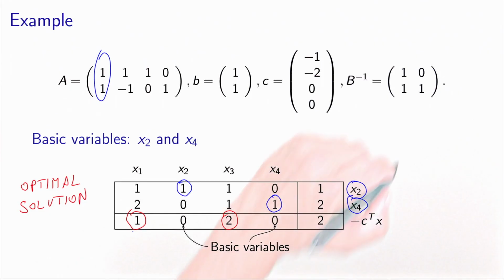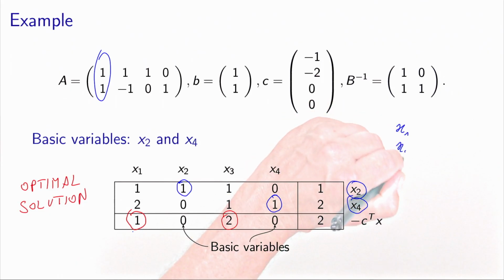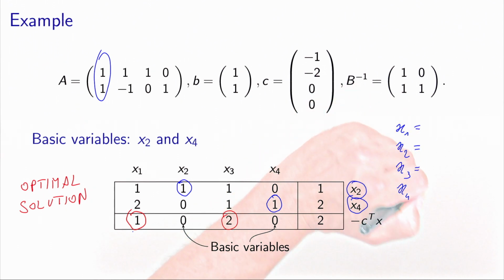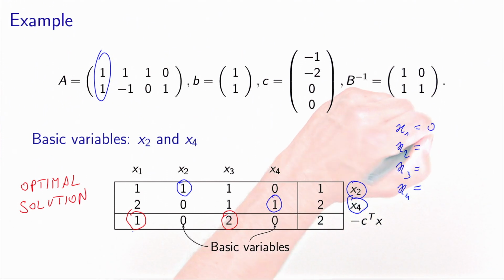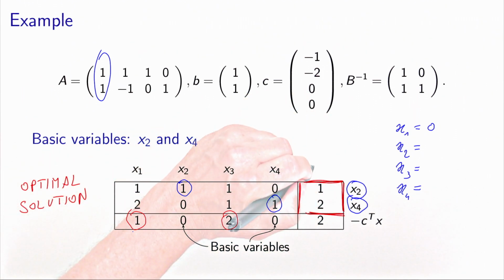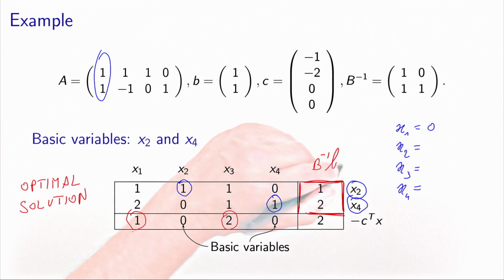Well, we need to calculate the values of x1, x2, x3, and x4. x1 is out of the basis, so its value is 0. x2 is in the basis. Where do I find its value? Well, we have this part of the tableau here, which contains B minus 1 b, which is the value of the basic variables.